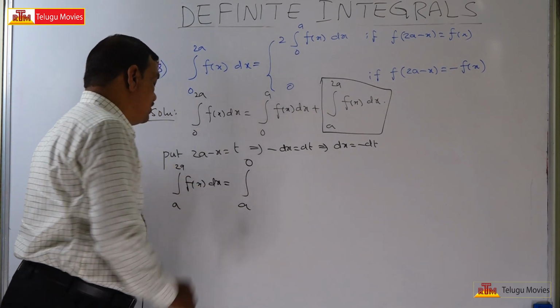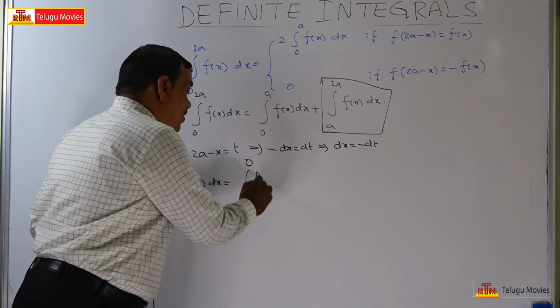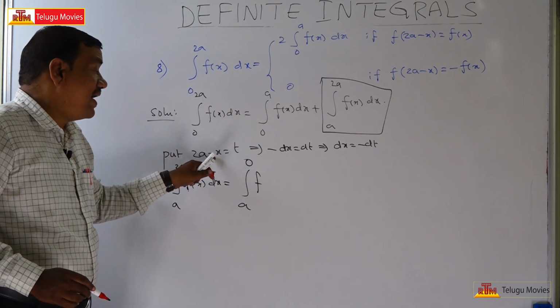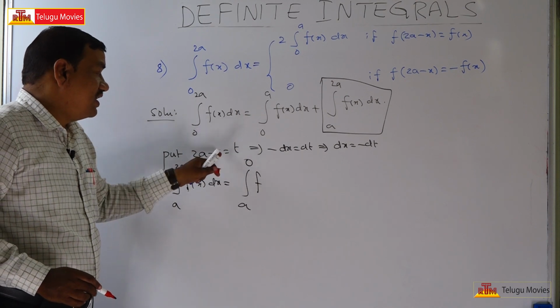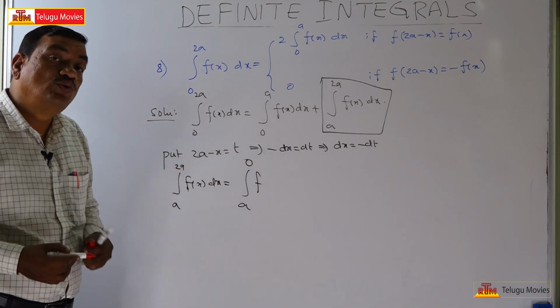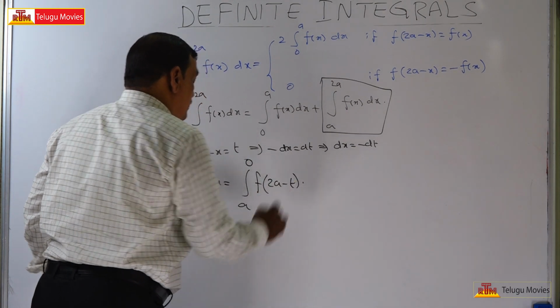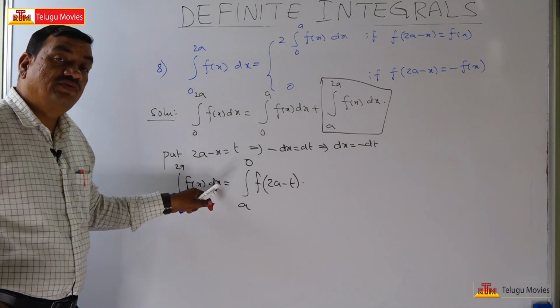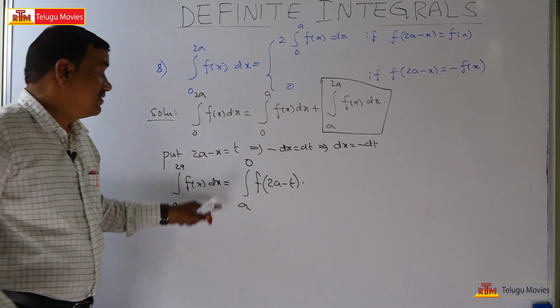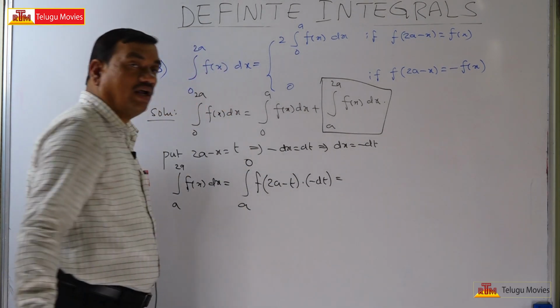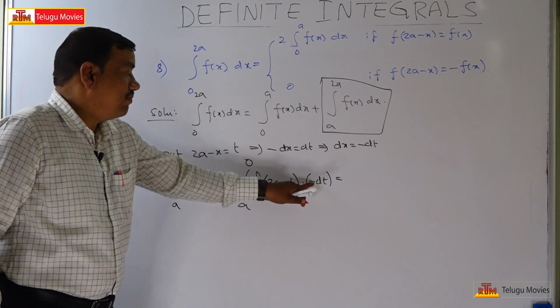Upper limit is 0. F of, what is your x value? See here, 2a minus x is equal to t, therefore x is equal to how much? 2a minus t into, what is your dx value? So, this is nothing but minus dt. Okay? Yes, here minus is there.